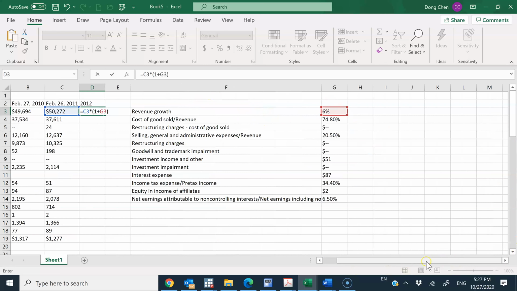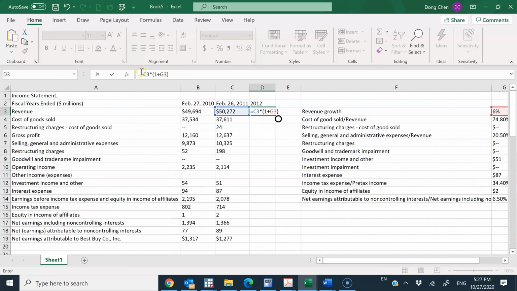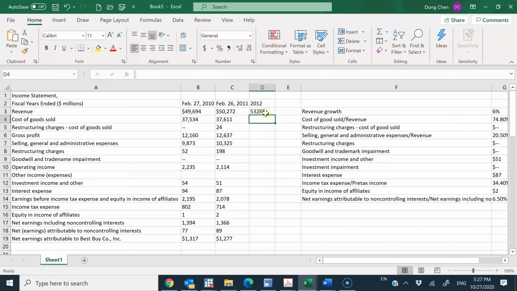And I want to use the round function of Excel because, as I read earlier, this setup requires us to round to the whole number. So I just round to 0 decimal places. And that's it for the forecasted revenue number.